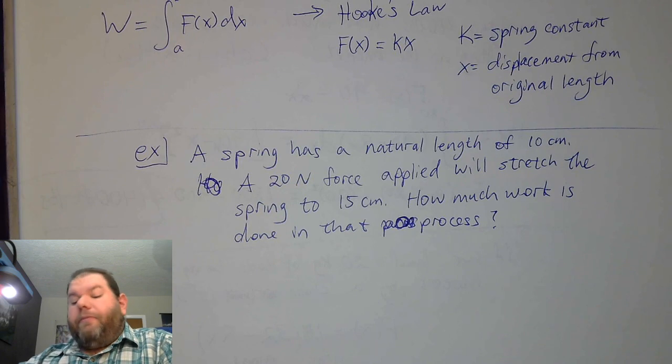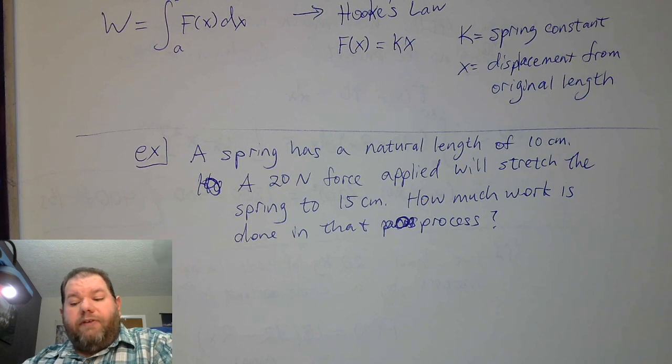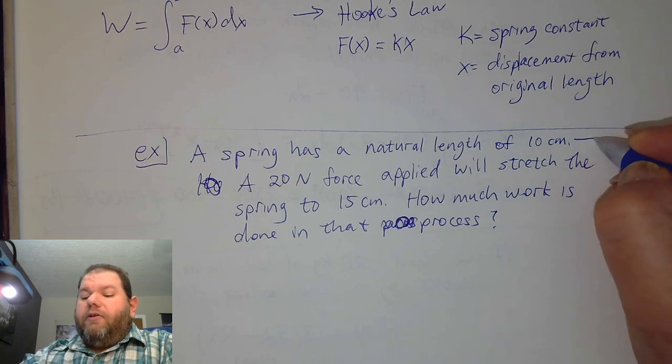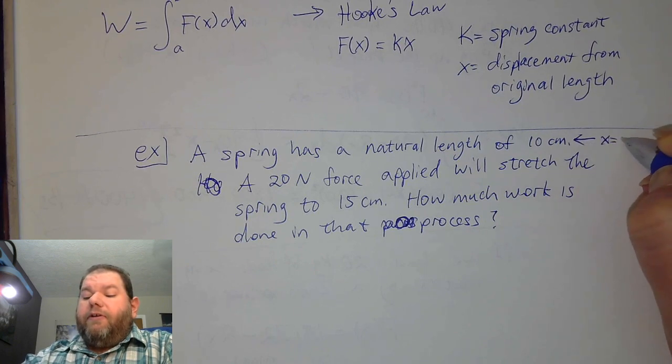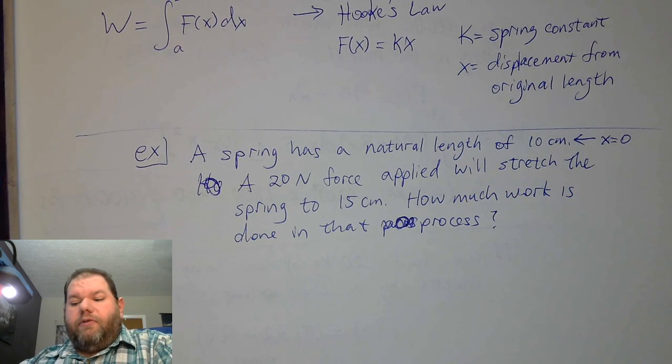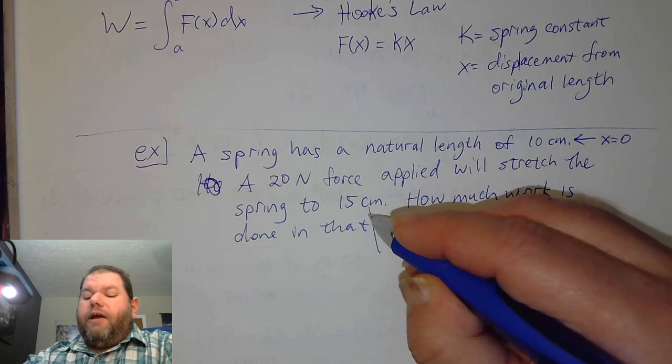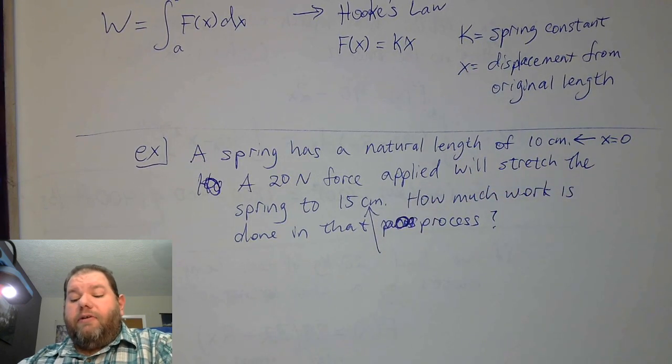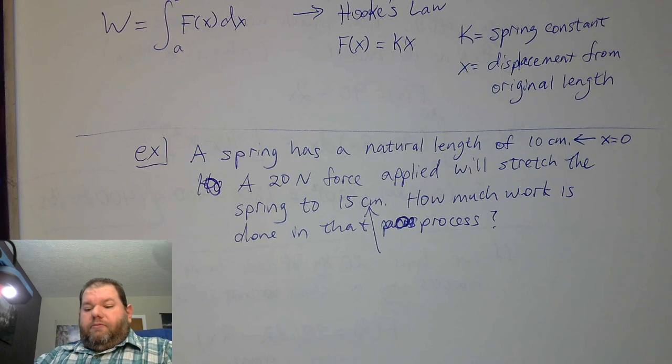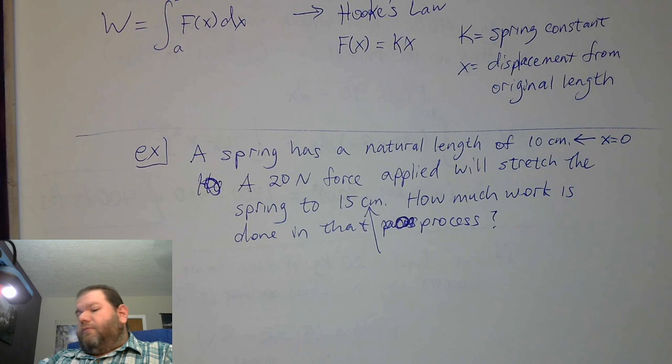Okay, so the first thing we want to do is recognize that the natural length of the spring is 10 centimeters. So 10 centimeters is basically x equals 0. The natural length is basically the 0 position. So in that sense, what value of x represents 15 centimeters? How far are we displaced from its original length?